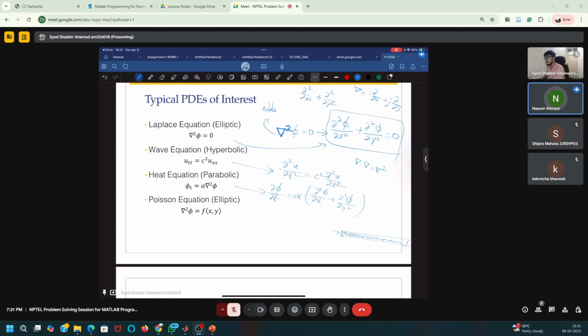Now my doubt is, let us suppose I bring time also into consideration, for example hyperbolic, where a second derivative in time will be there. Can you shed some light on how we can classify if we have three spatial dimensions x, y, z and time also? Do we have any such concept for classifying?